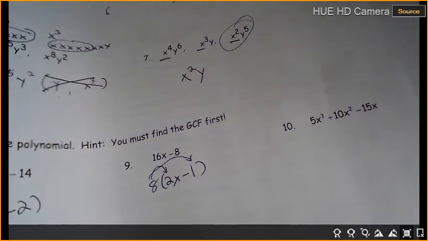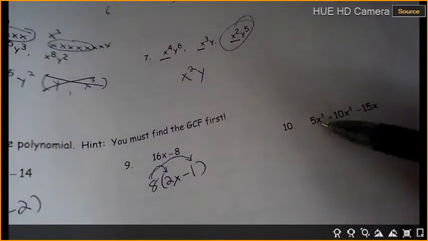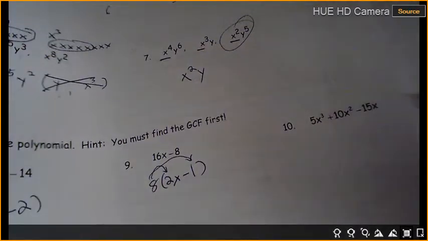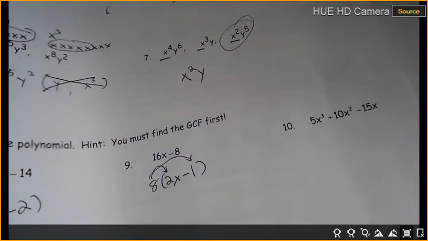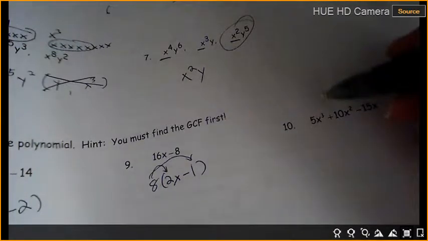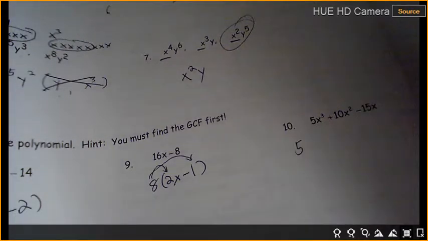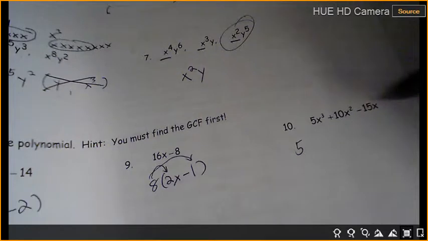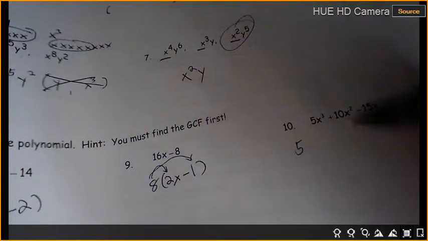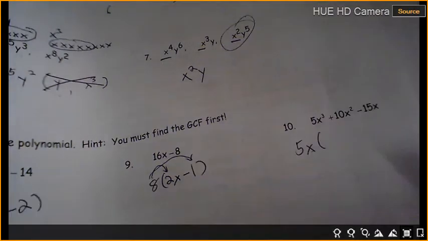Okay, 10. We've got 3 different things here. What's the greatest common factor of 5x to the 3rd, 10x squared, and negative 15x? 5 goes into 5, 10, and 15 evenly, right? What's the smallest x? x, right? Okay. 5x times what gives me 5x to the 3rd?